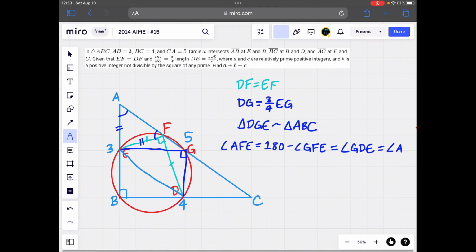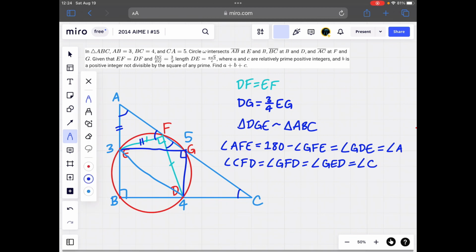We can do a similar thing on triangle FDC. We want to prove, or disprove, that angle F and angle C are the same angle. Note that angle CFD is just angle GFD, and that's equal to angle GED. And since triangle DGE is similar to triangle ABC, we have that angle GED is just angle C. So the triangle is isosceles again.